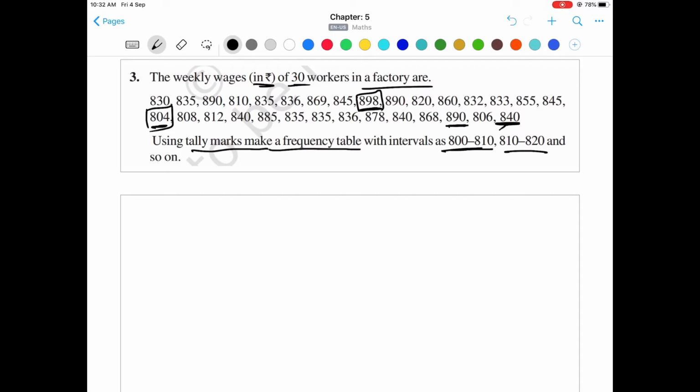So we have to represent this data using a frequency distribution table, and we are given the class interval to be taken as 810 to 820, and so on till, as the highest number is 898, we'll go up till 900.